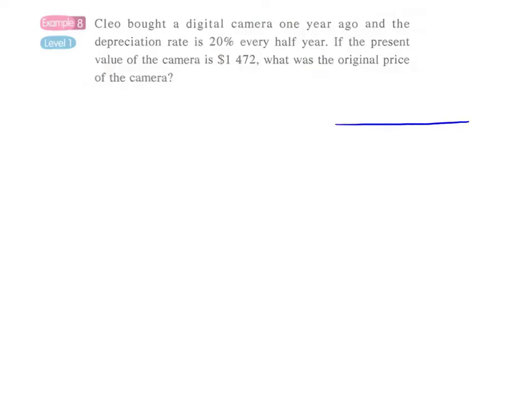So if we draw a timeline, this is now, this is half a year away, this is 1 year ago, and since it depreciates by 20% every half year, in fact there will be 2 times of depreciation in 1 year. There are 2 times of 20% drop of the value of the camera.